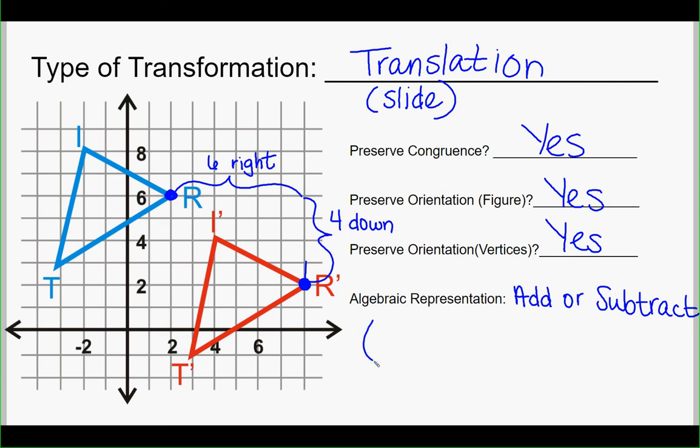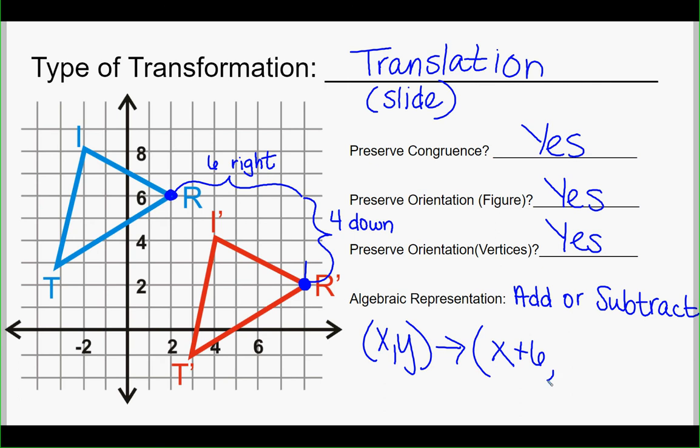Now let's write our algebraic representation. Which value is right going to affect, the x or the y? The x, because the x-axis runs left and right. So what are we going to do to the x value? If we go 6 right, plus 6, because positive numbers are to the right.